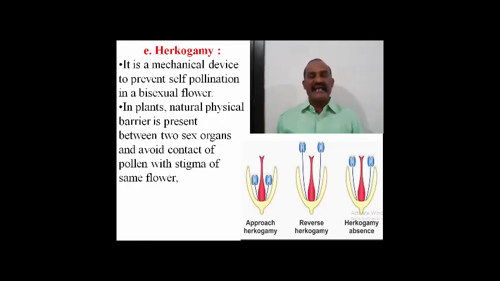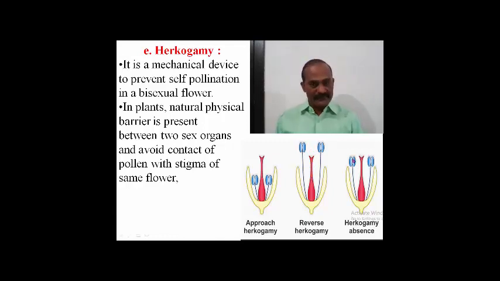In plants, a natural physical barrier is present between the two sex organs and avoids contact of the pollen with the stigma of the same flower. Here once again you can have approach hercogamy, where the androecium is very short and the gynoecium is very long. Reverse hercogamy is where the androecium is very tall but the gynoecium is not.